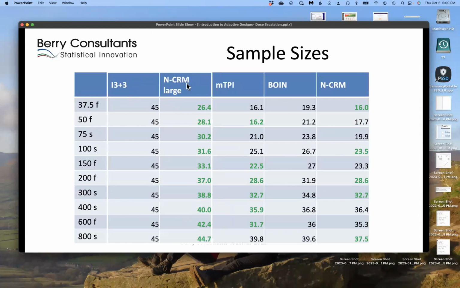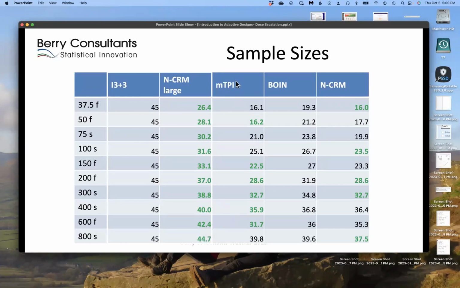So the first 2 columns are my larger N-CRM and the I3+3. So you can see the large N-CRM, even though it is larger, it's still stopping early, particularly in the scenarios where the target dose is at the low doses. So it's comfortably using fewer subjects than the I3+3, except when we have to go right to the very end of the doses.